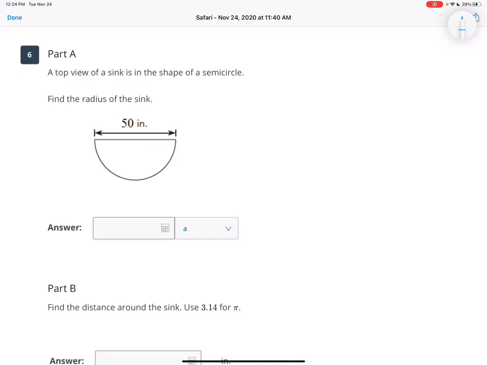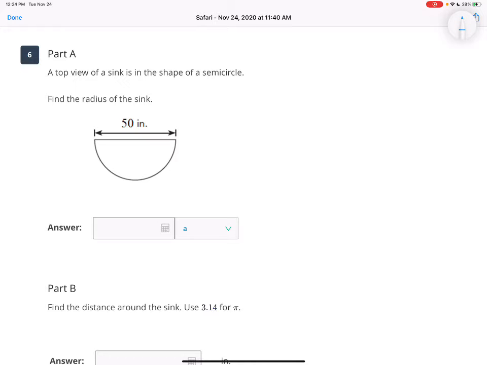Guys, an often misconception of semicircles and quarter circles is that you think that, since it's a semicircle, I need to divide it by 4, or some people think that you have to do an extra step since it's a semicircle, and I'm here to tell you you don't have to do an extra step.